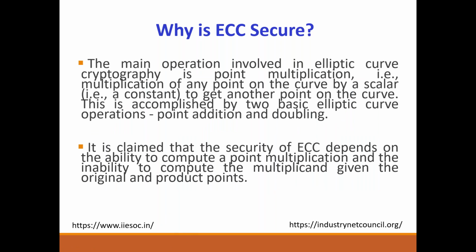So this is why it becomes very difficult to calculate what these points are. And so that's the claim for the security of the elliptic curve: you can't compute a point on the curve without knowing the original.